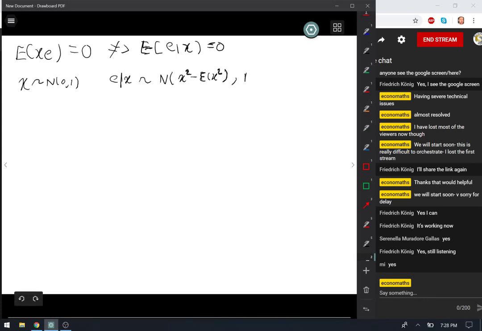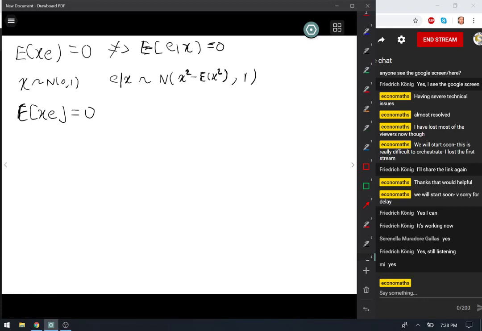It doesn't matter what the variance is. Well, in this case, we can see that we first have to establish, of course, that E of xe equals 0, which it will do.